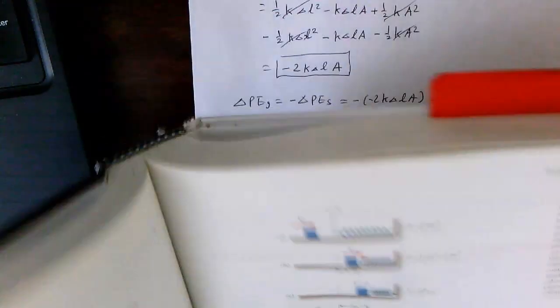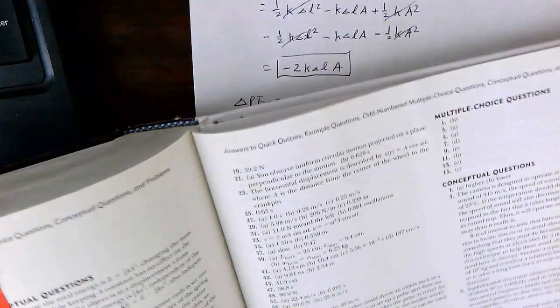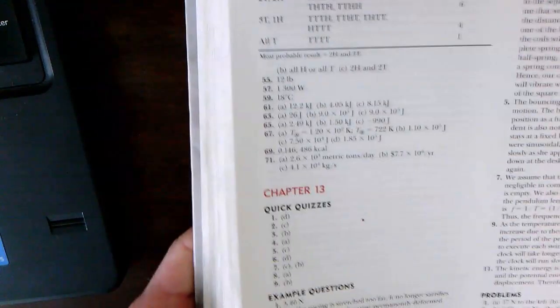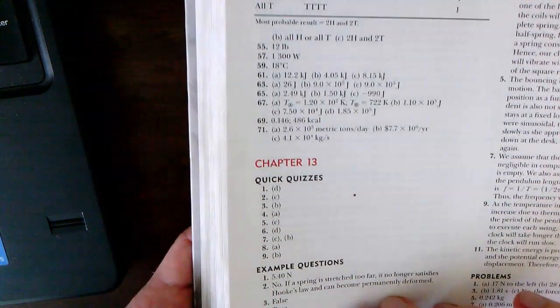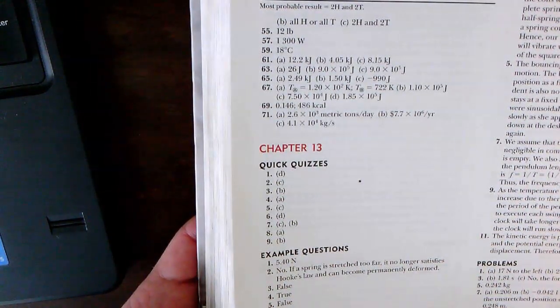So what I did was I took a little Post-it note and I just put it back here. So I just grabbed this and flipped to the back to chapter 13. This is page A.66. But here's the quick quizzes. Here's the example questions before you get to the end of the chapter, multiple choice, conceptual, and problems.